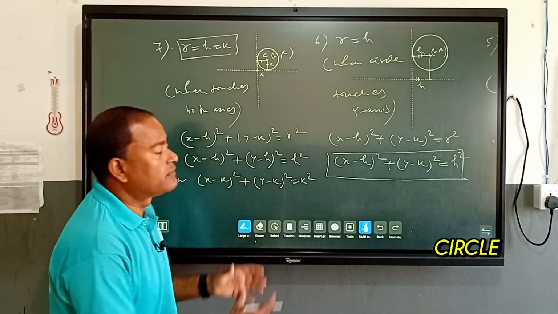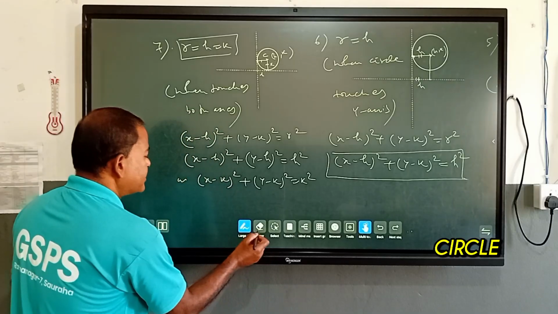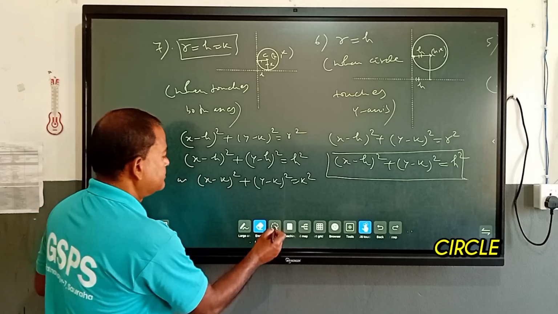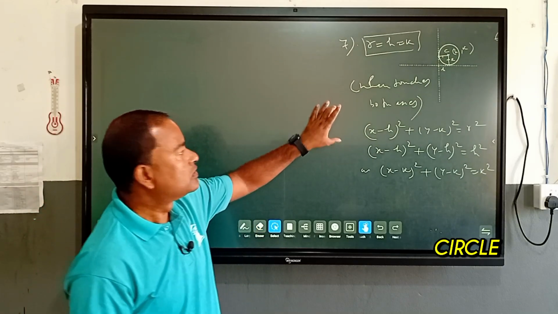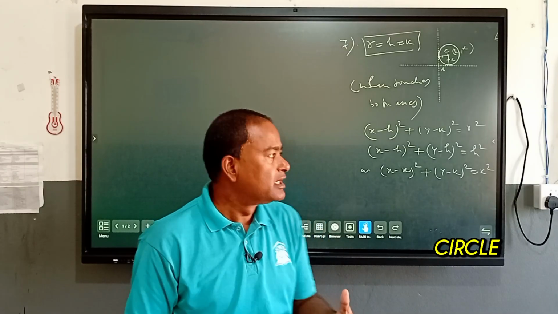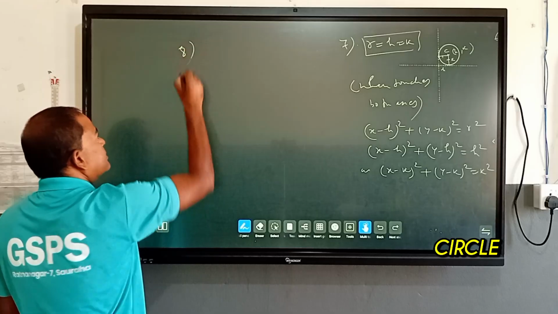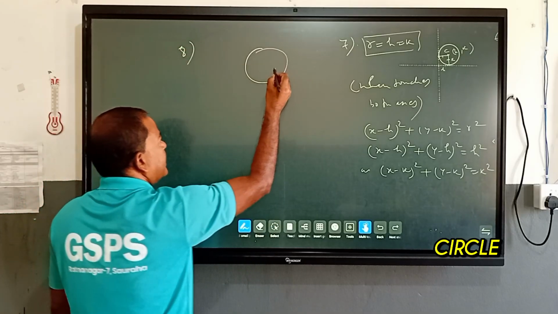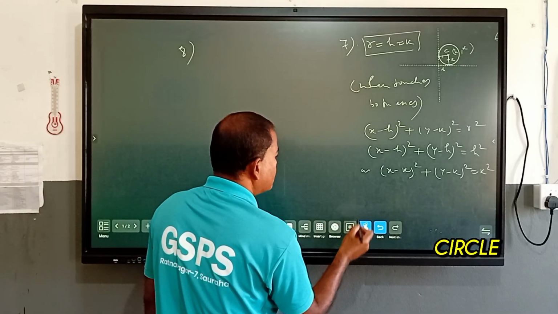So dear students, this is the last condition, and we have one more condition under the different conditions of a circle. Now we have got one more important condition to find the equation of a circle. Number 8, when circles touch each other.